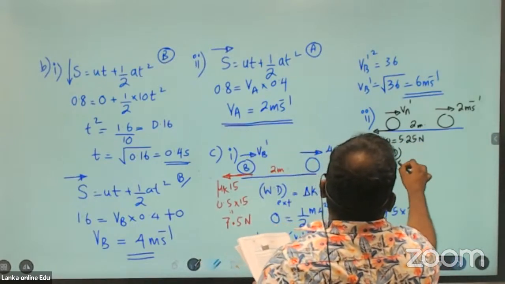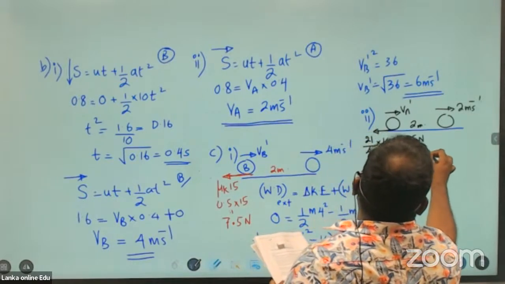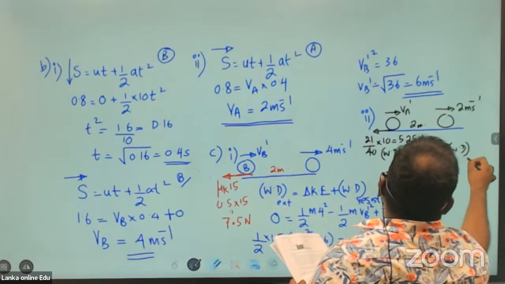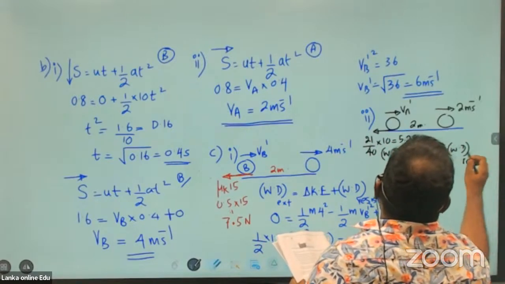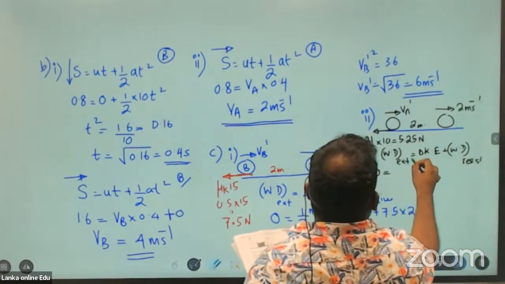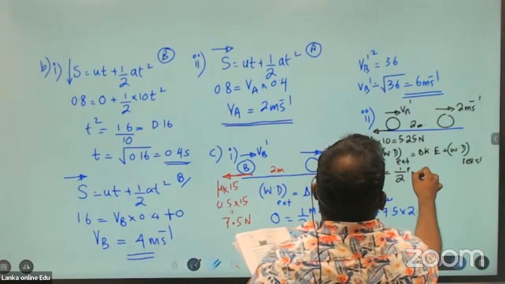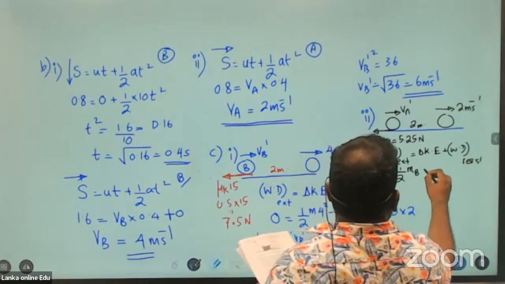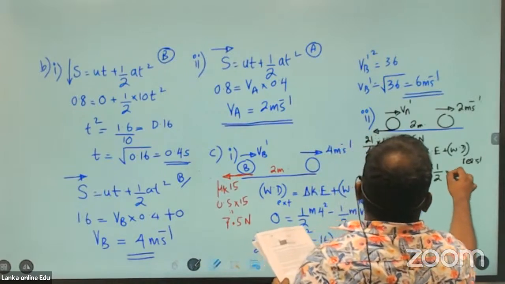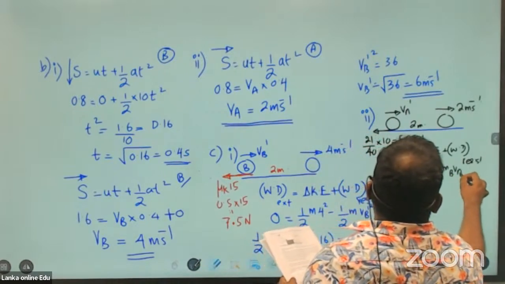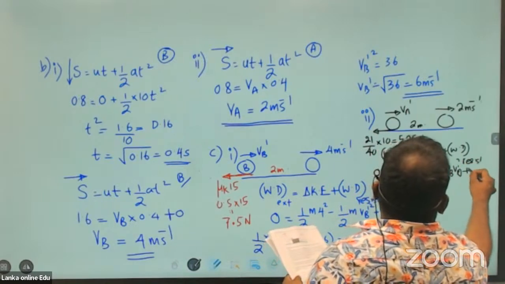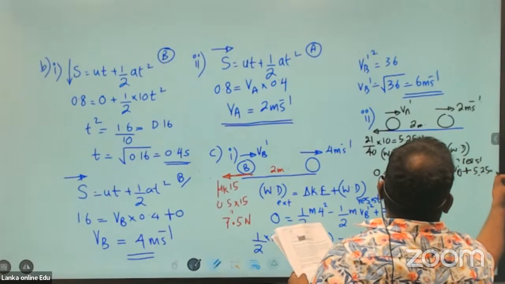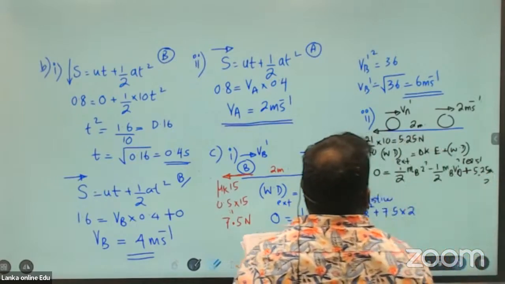Work done by external force equals increase in kinetic energy plus work done by resistive forces. No external work done. Increase in kinetic energy is half mass times vA dash squared minus half mass times 2 squared. Work done by resistive force is 5.25 multiplied by 2 meters.